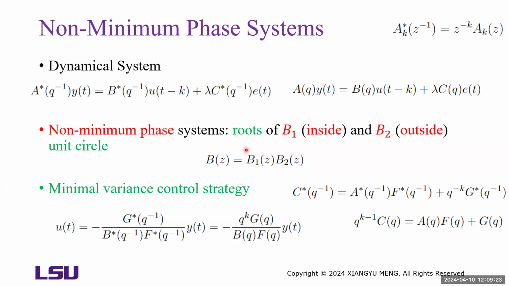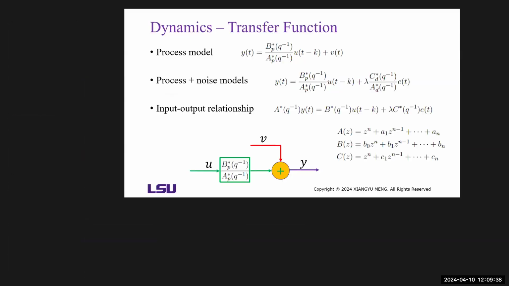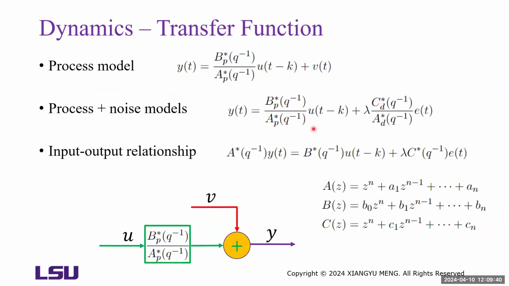Now let's assume the polynomial B can be factored as B1 times B2. Let's go back to the earlier slides to recall the definition of B. B is defined as B_P times A_D. We know the polynomial A_D is always stable, which means all roots of A_D are within the unit circle.